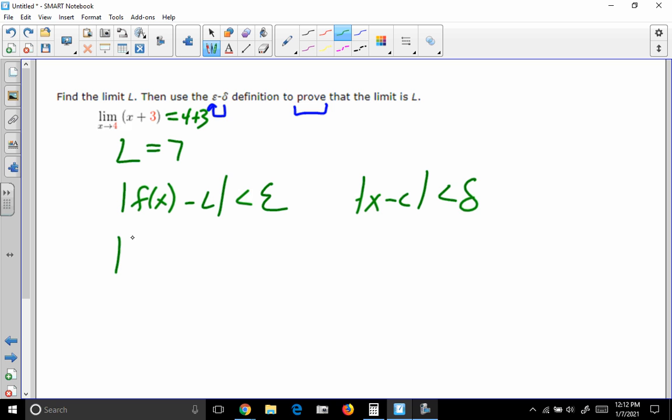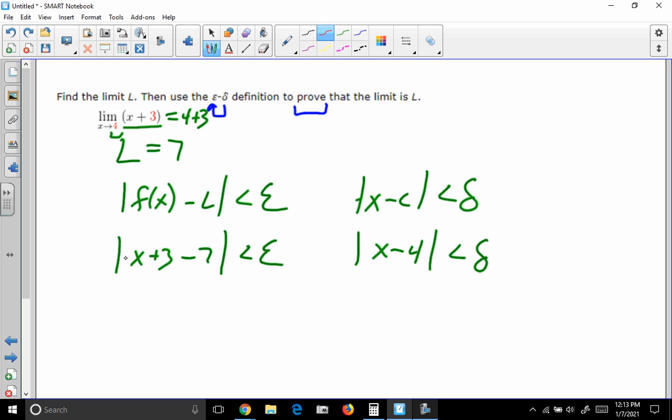So we replace our function with x plus 3, because that's our function. We replace L with 7. And over here, we replace c with the value we're approaching. We're approaching an x value of 4.